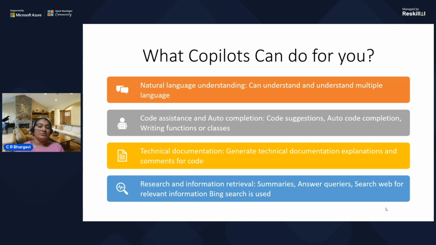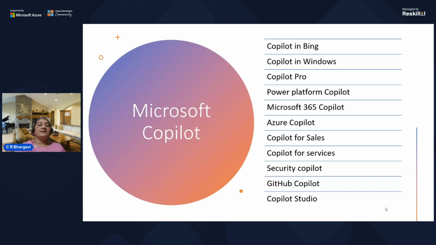When you want to build a virtual assistant, you would go with Copilot Studio. These are some things Copilot can do for you, and there are different kinds of Copilots available under Microsoft; one such is Copilot Studio.